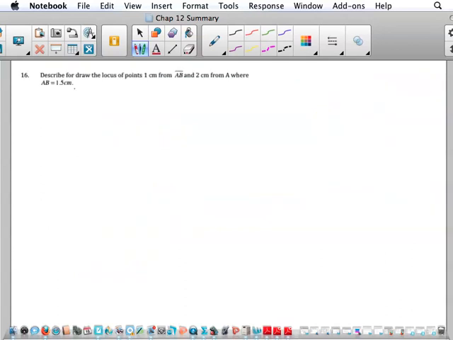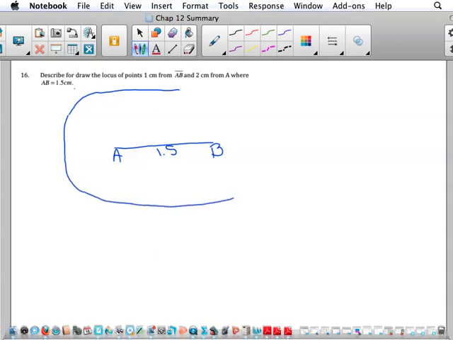Last question, number 16. Describe and draw the locus of points 1 centimeter from segment AB and 2 centimeters from A, where AB is 1.5. So if this is AB, and it is 1.5, and then we need all of the points 1 centimeter from AB.